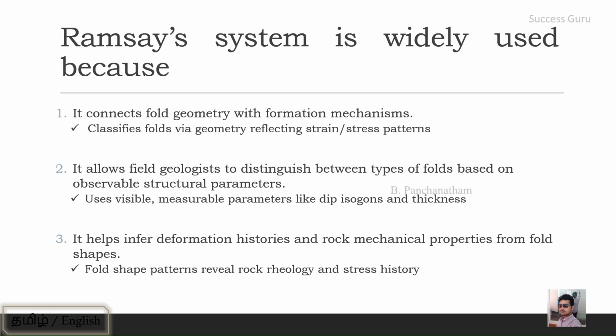Then this classification allows field geologists to distinguish between types of fold based on observable structural parameters. If you are in the field, you can use the dip isogon and thickness to classify a fold, where measuring a dip isogon and thickness is not a big deal.